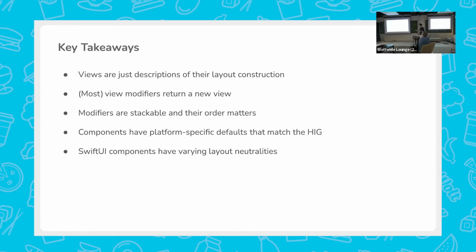And then you saw also that SwiftUI components have different layout neutralities. Text is happy to accept any size proposed by its parent, and it will just adapt to it by truncating or wrapping to a new line. Other components like image have a fixed intrinsic size that they want to be, and you have to use a special modifier in order to affect change.